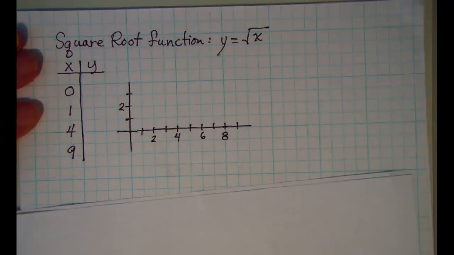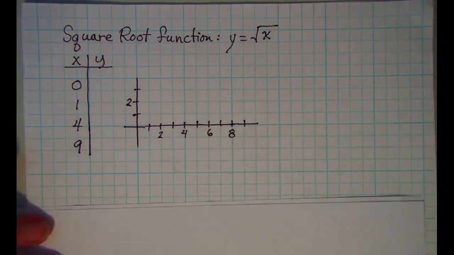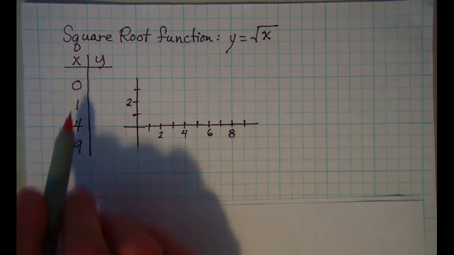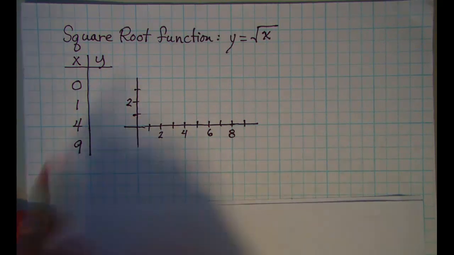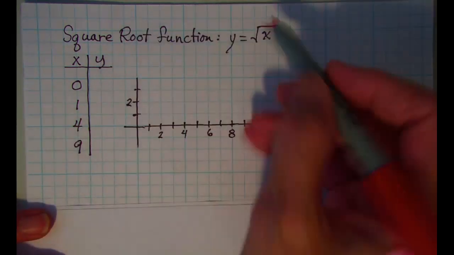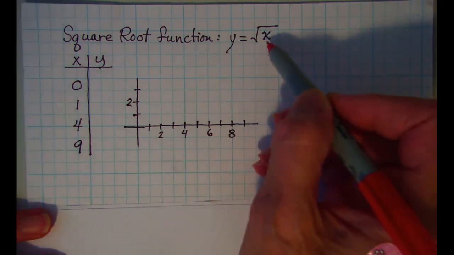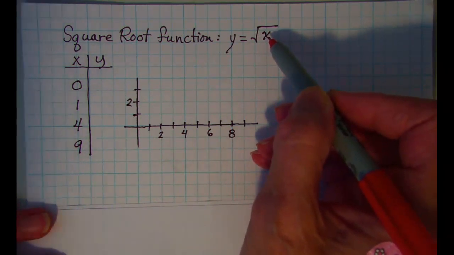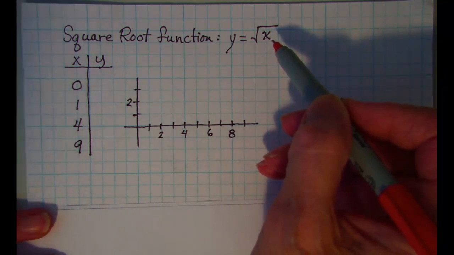Our next basic function that we need to become familiar with is the square root function. You'll notice that I numbered my t-chart a little differently because I wanted to use numbers that I could square root nicely. Also remember that we can't have a negative number under a radical because that's not a real number, when we're graphing only on the real coordinate plane.